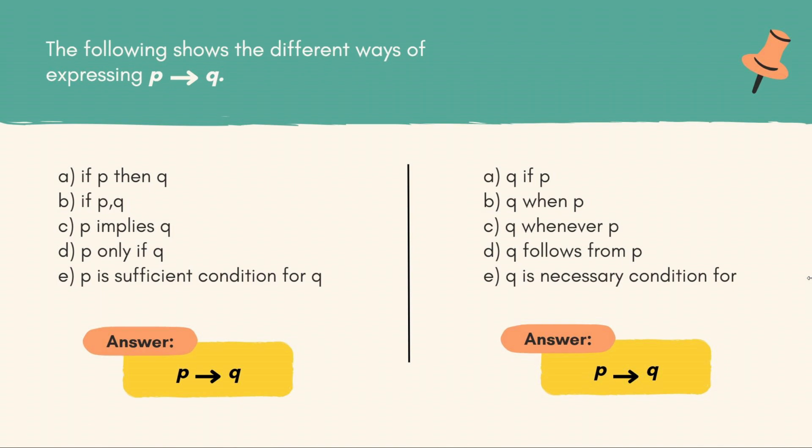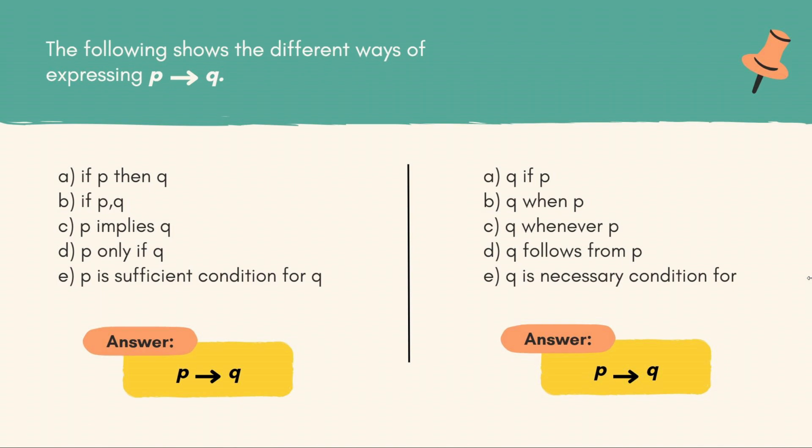A, if p then q. B, if p, q. C, p implies q. D, p only if q. E, p is a sufficient condition for q. F, q if p, q when p, q whenever p, q follows from p, and q is a necessary condition for p.